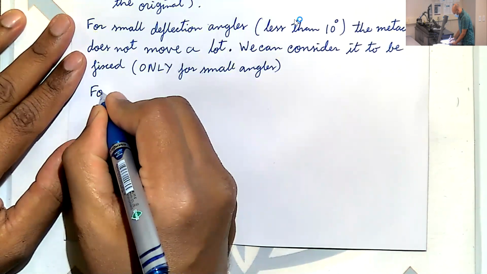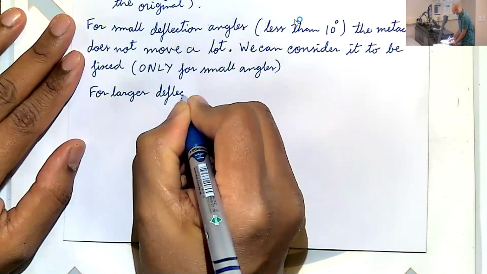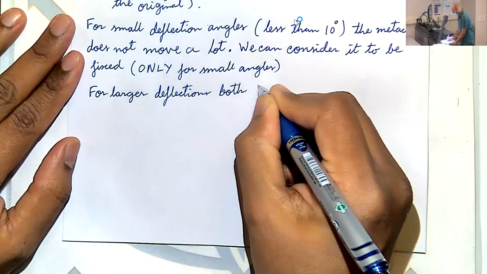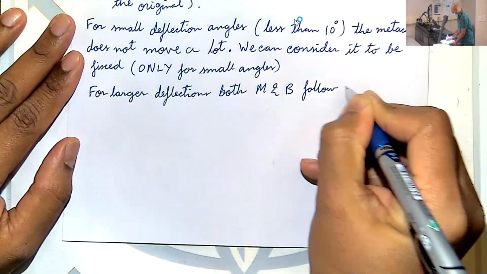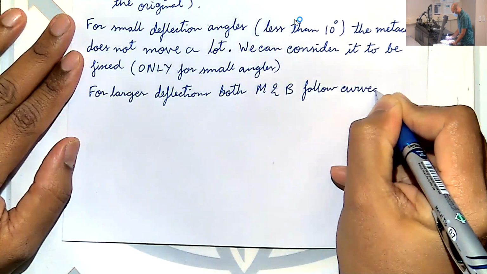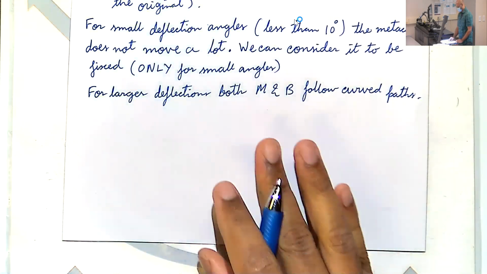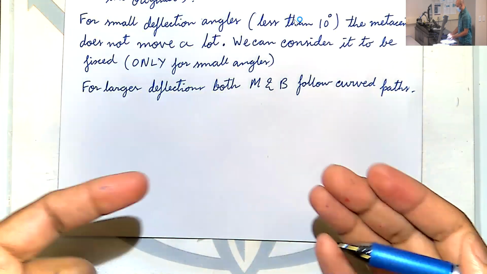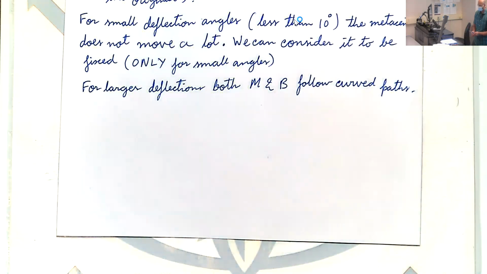For larger deflections, both metacenter and center of buoyancy follow curved paths. And we'll learn how to use charts to determine this for large deflections later.